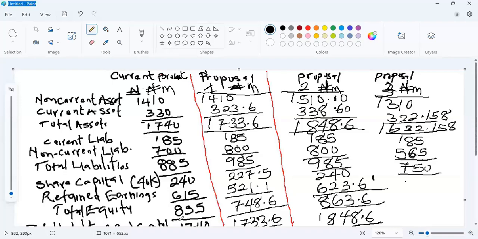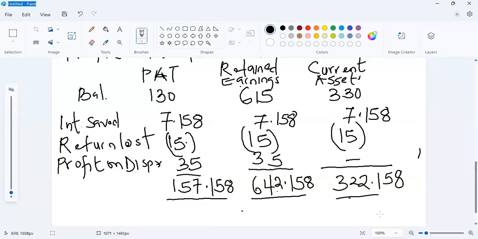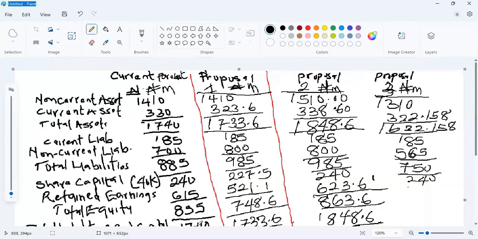I'll close this. Share capital remains unchanged. Retained earnings: 642.158.